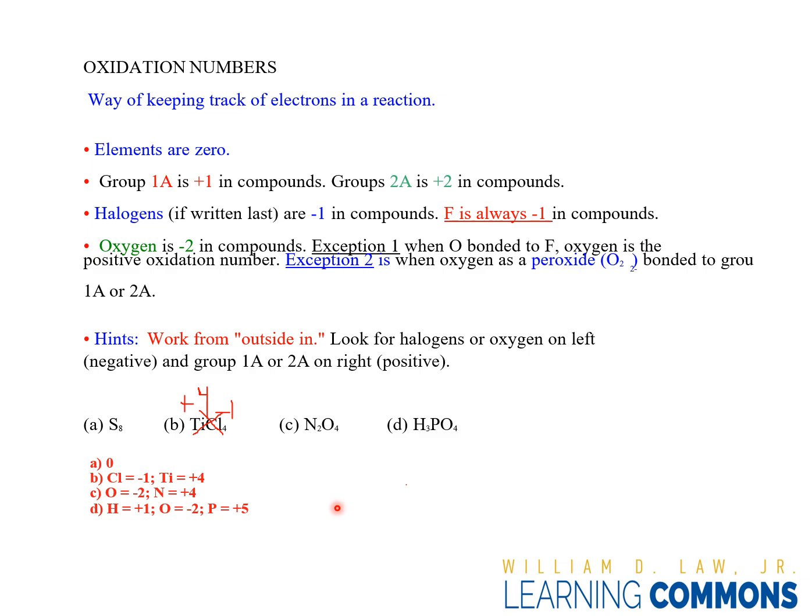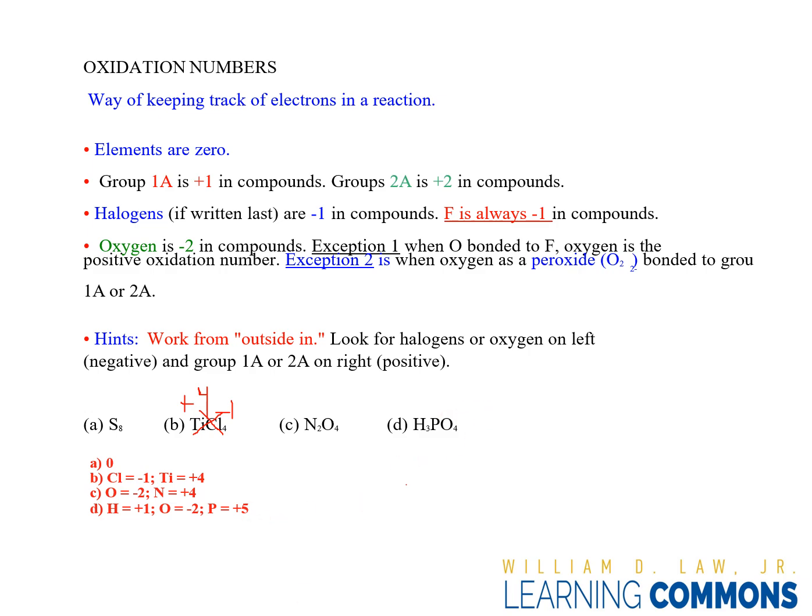If you use one of the ways I explained before, you will figure out the oxygen is minus 2, and the oxidation number of the nitrogen is positive 4. And trihydrogen phosphate, if you see this one, the hydrogen is plus 1, oxygen minus 2, and the phosphorus is positive 5.